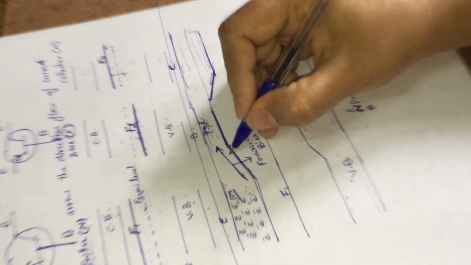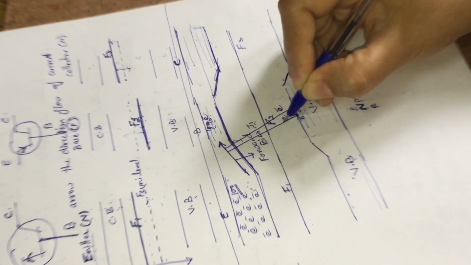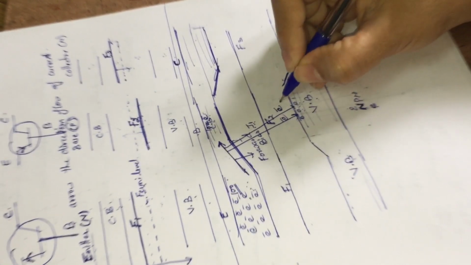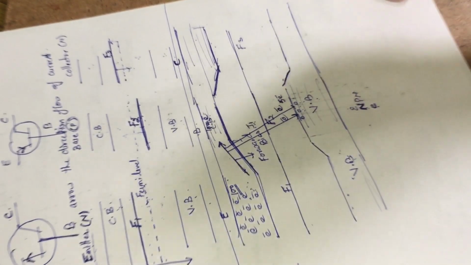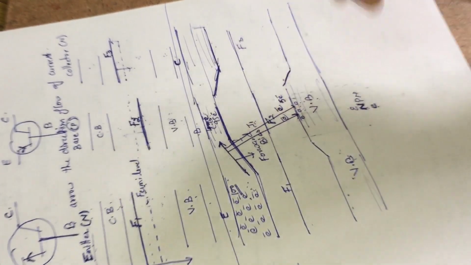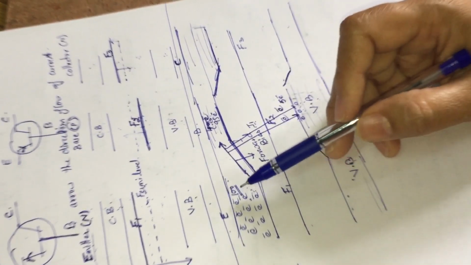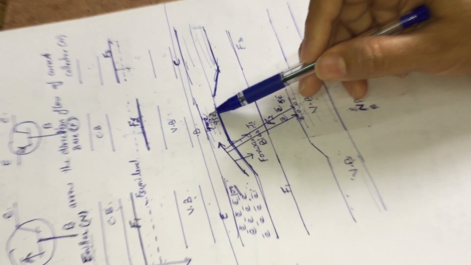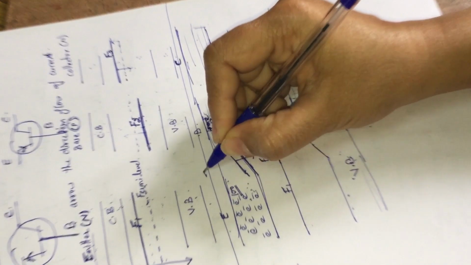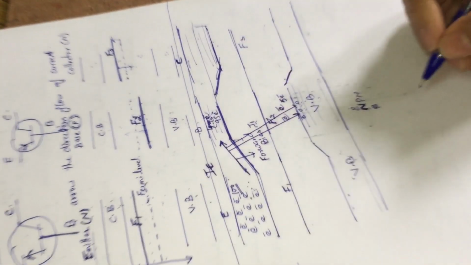Some of the electrons will recombine with these holes, and let us consider out of 100, 5 electrons recombine. It means 95 electrons will move from the emitter region to the base region. These electrons moving from emitter to base region without recombination produce a current, and this current is known as the emitter current.